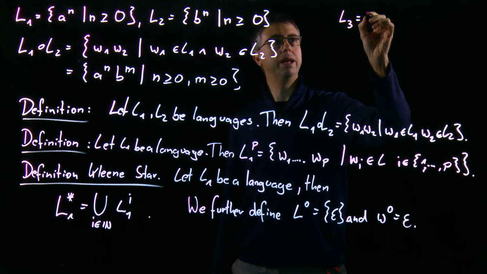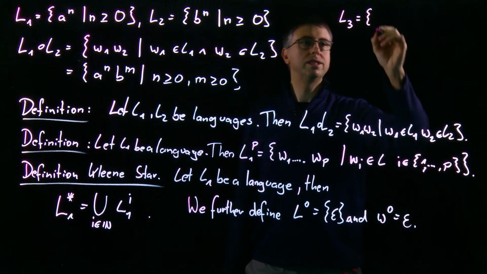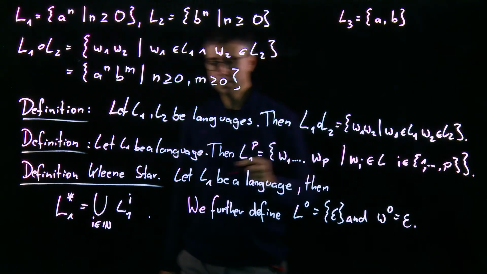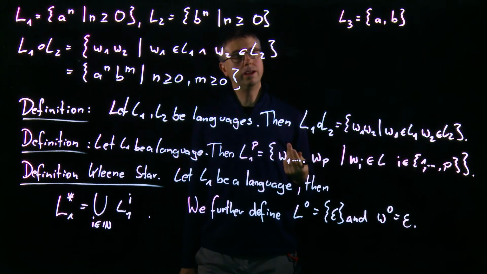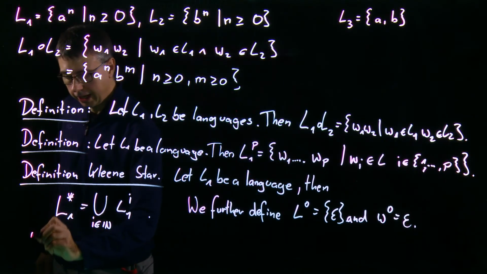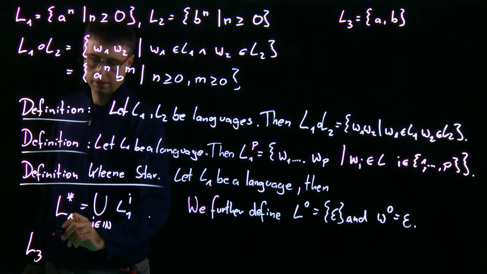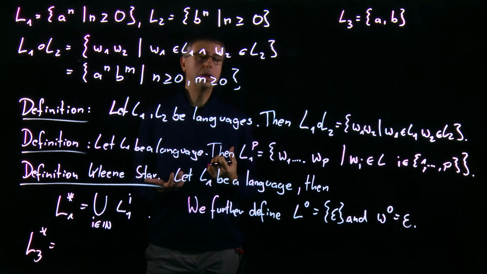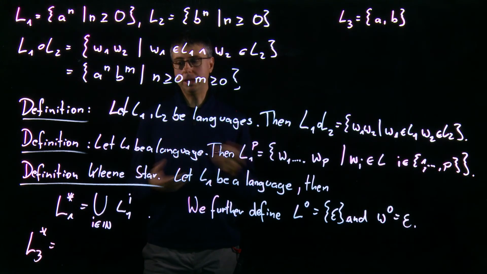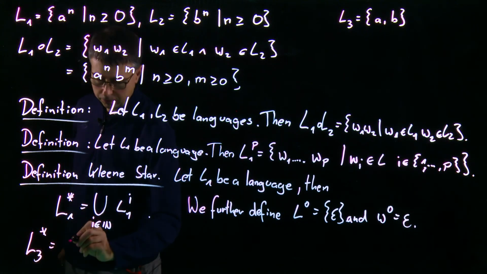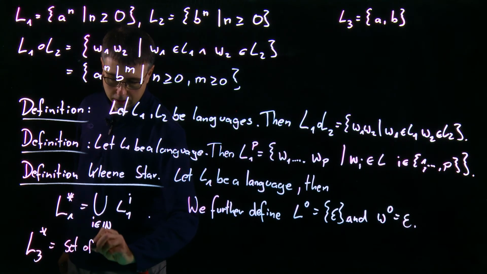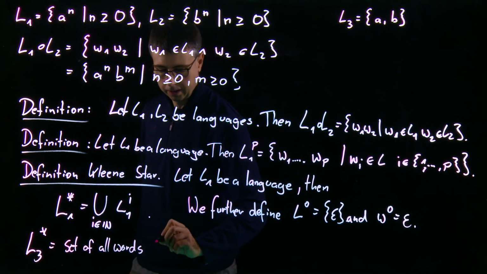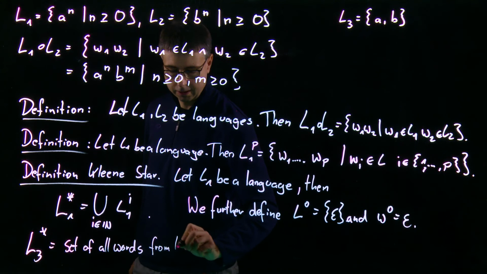Take a very simple language, just having the letters a and b. In this case, if we compute L3 star, then we have the set of all words that we can build by combining a's and b's. So it's the set of all words from letters a and b.